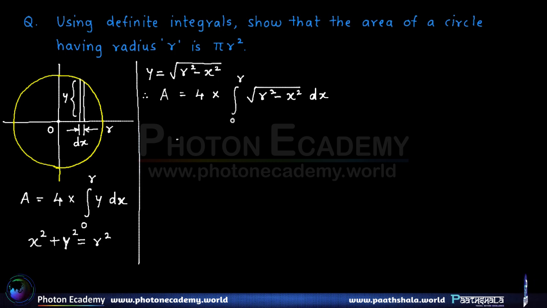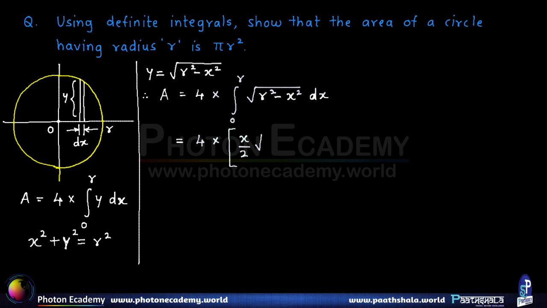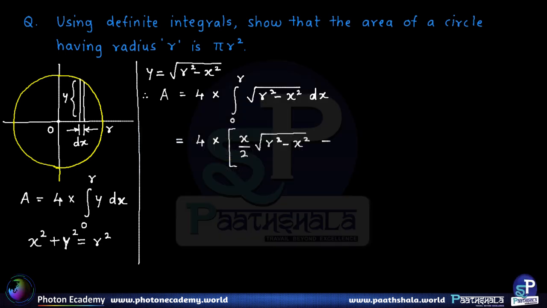Now if you observe, the given integral is of the form root of constant square minus variable square. So we know that this is a standard result in integration as we have seen earlier, and its integral is given by this particular formula. We have the first term as x by 2 multiplied by the same square root expression, that is root of r square minus x square. Then plus constant square upon 2, which is r square upon 2 in our example.